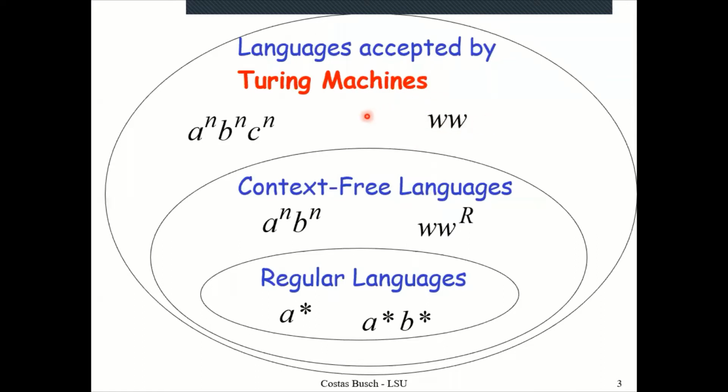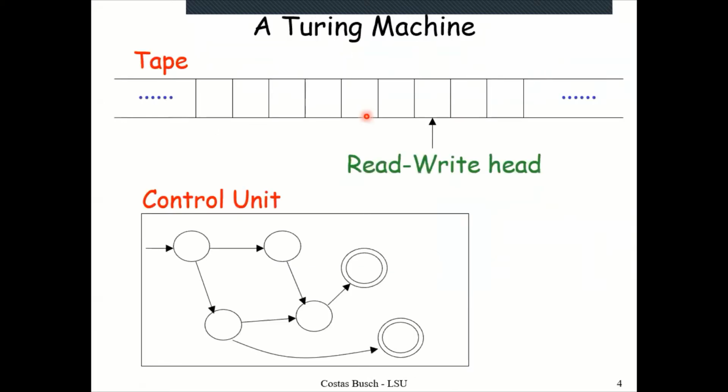So let's get started with the Turing machine concept. This is the schematic representation of a Turing machine. Just like every machine that we have studied so far, whether it was a DFA or a PDA, there is an input tape. But this time, this input tape is infinite on the left as well.